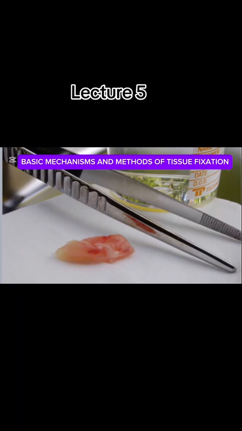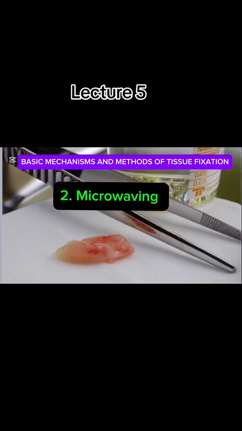Number two method under physical methods is microwaving. Microwaving involves the use of microwave ovens to accelerate the fixation process by heating tissues while submerged in a fixative solution.